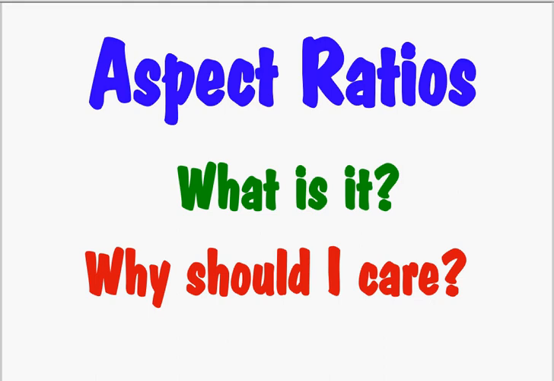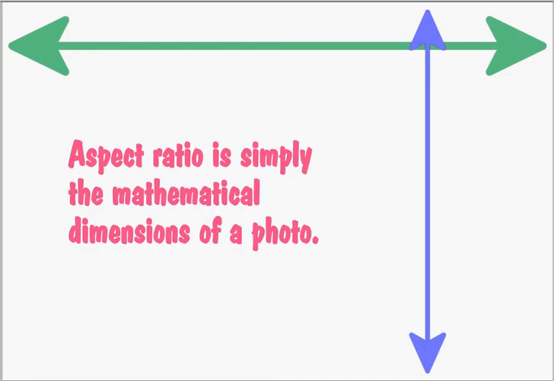I thought I'd do a little tutorial today about aspect ratios. Try to explain really what it is and why you should care. Aspect ratios are basically the dimensions of the image expressed as a ratio. You measure the width, you measure the height, and you put them down in the form of a ratio.